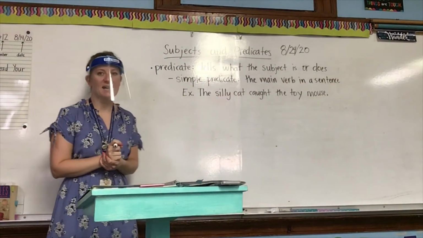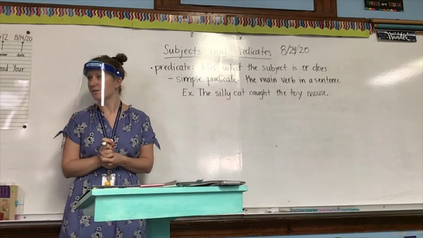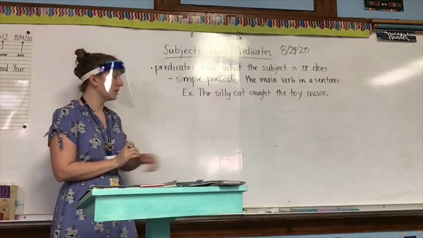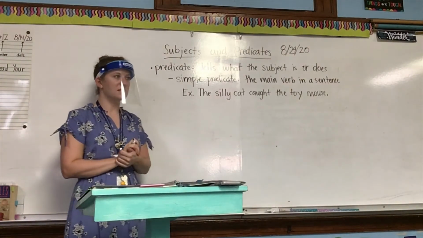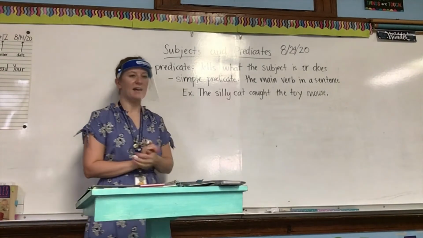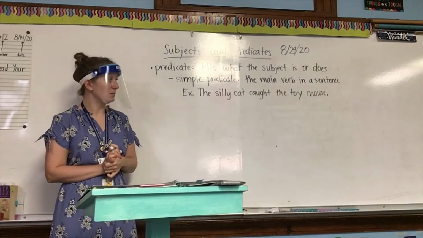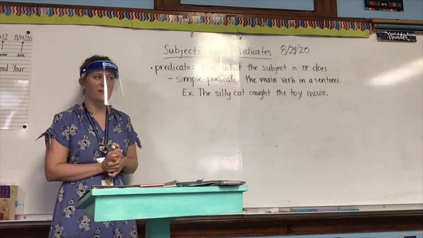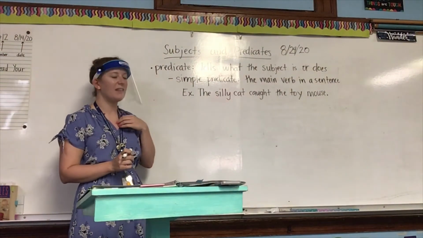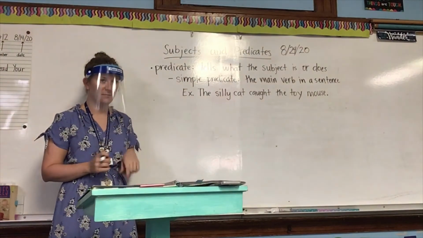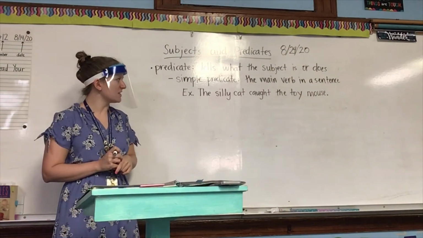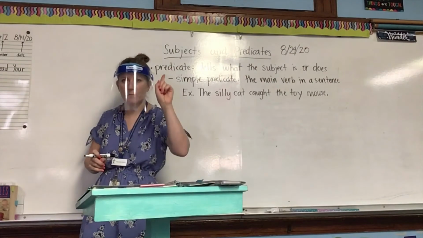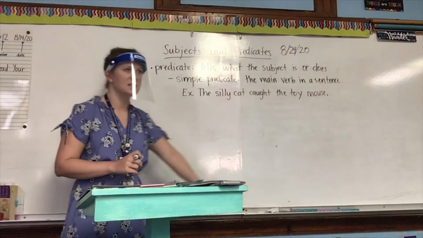The silly cat caught the toy mouse. It's the same sentence as before. We know cat is the simple subject. The silly cat is the complete subject. But now we're trying to find the simple predicate and the complete predicate. So first, the simple predicate, it's the main verb, that one word in the sentence that tells what happened.